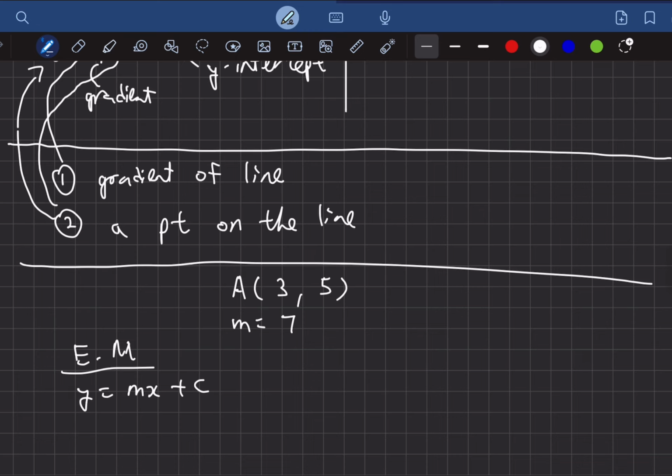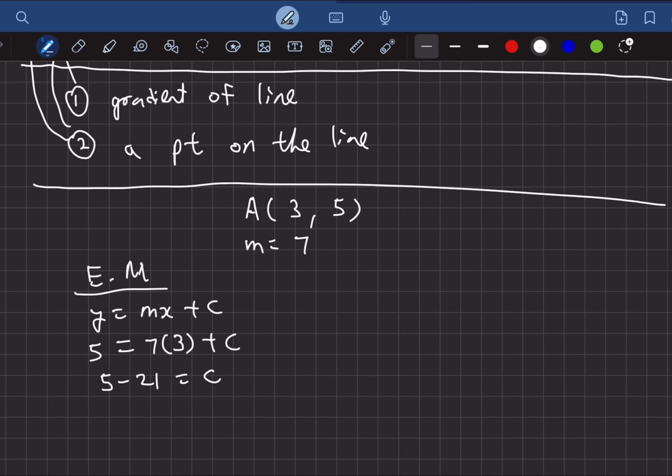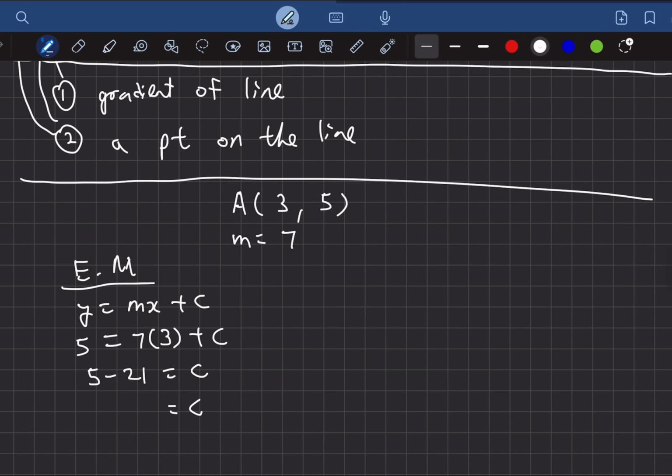So I sub the y value, which is 5, gradient value is 7, and the x value is 3, plus c. So I have 5 minus 21 equals c. So my c equals negative 16. So the straight line equation will be y equals 7x minus 16. This is if I use the E-math method.